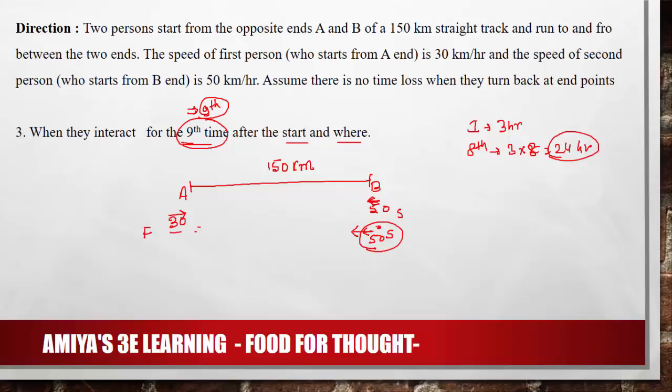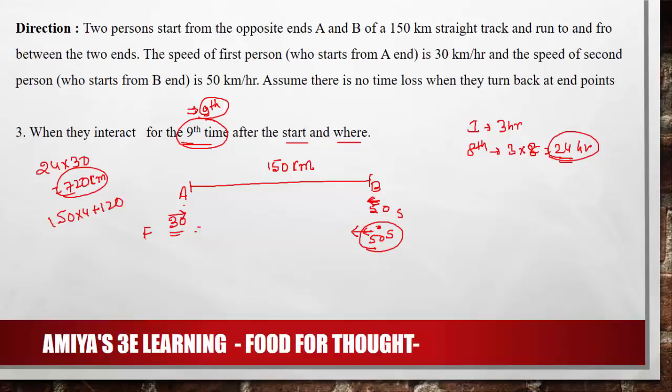Now we have to check in the 24 hours what would be the position of the first person, the slower one with the speed of 30. In the 24 hours, the slower one completed 720 kilometers. We can say this is 150 into 4 plus 120.